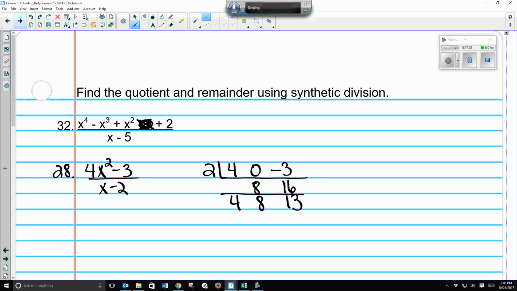Brought down my 4, I multiplied, add, multiply, add. So this is my remainder, this is my constant, and this is my linear term. So 4x plus 8 plus 13 over x minus 2.